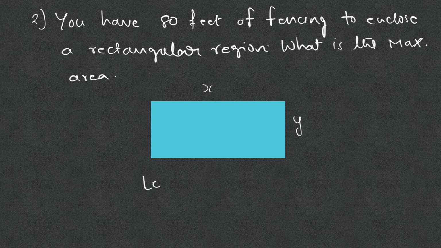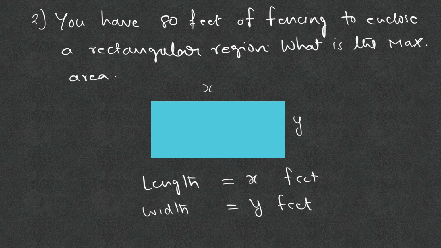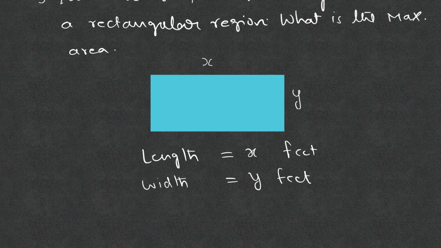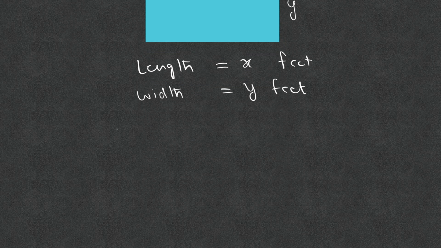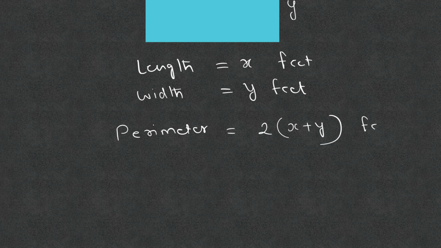So length is equal to x feet and width equals y feet. The perimeter of this rectangle is given by the formula 2 times length plus width feet.